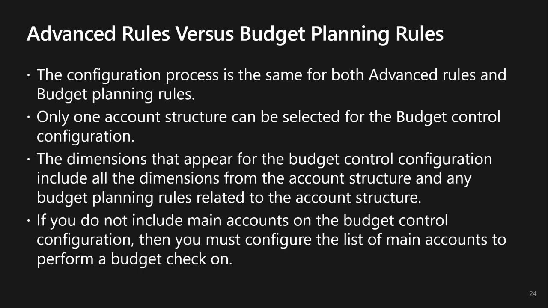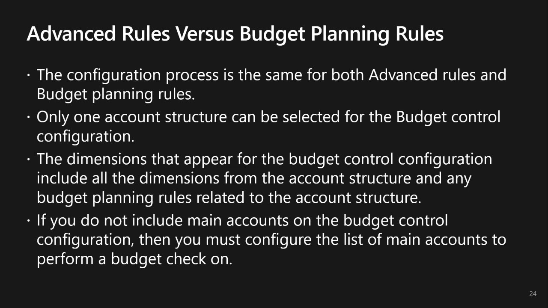dimensions. Another important thing to note about your budget planning rules is that if you do not include main accounts on the budget control configuration, you select main accounts. If you choose not to include main accounts, then you're going to manually select which main accounts to perform a budget check on.